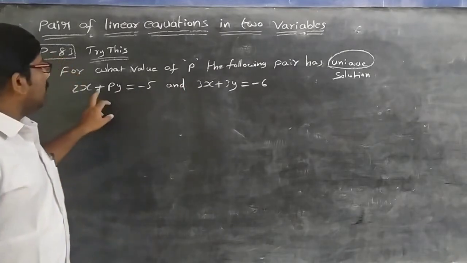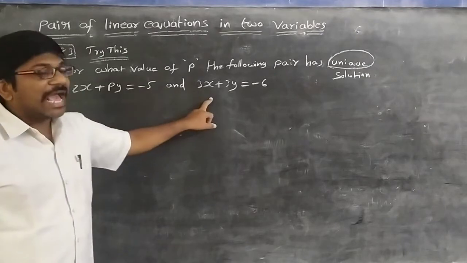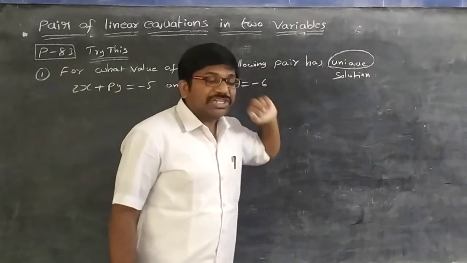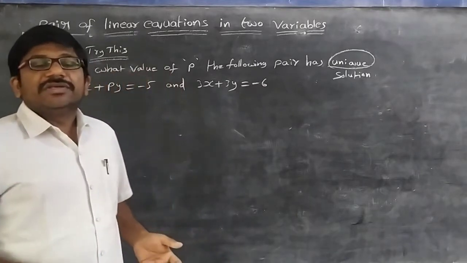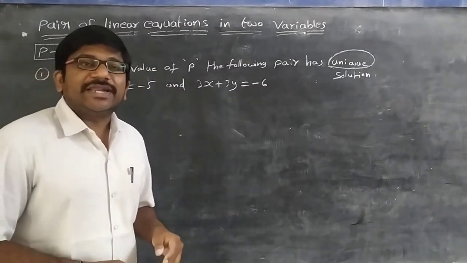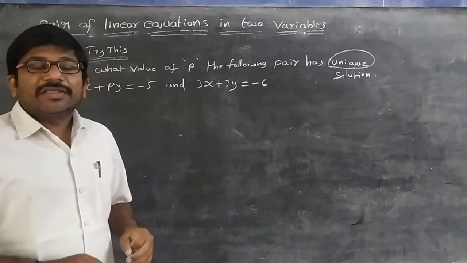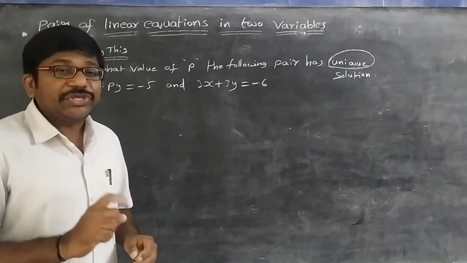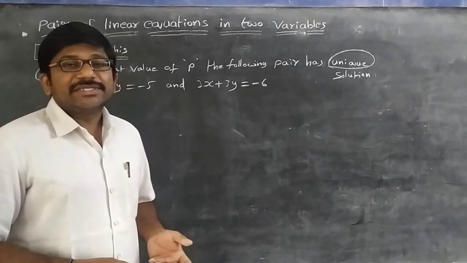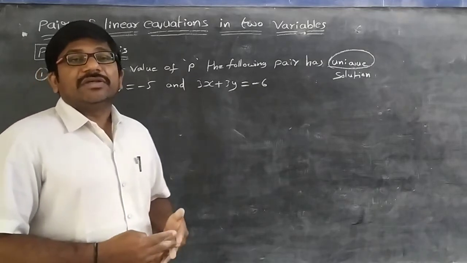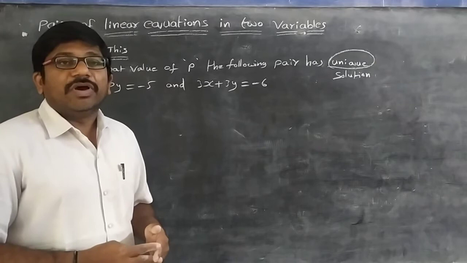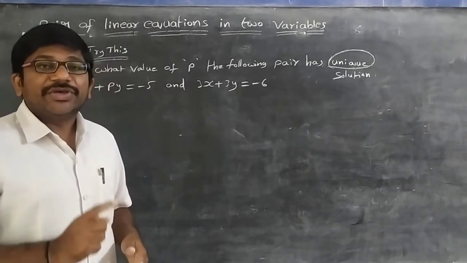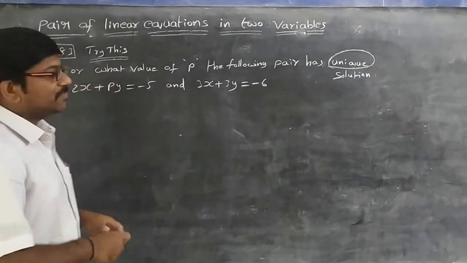So when a pair has a unique solution, that is, if two lines intersect at one point, then the pair has a unique solution. Next, what is the condition? a1 by a2 does not equal b1 by b2. Then only the pair has a unique solution, right?